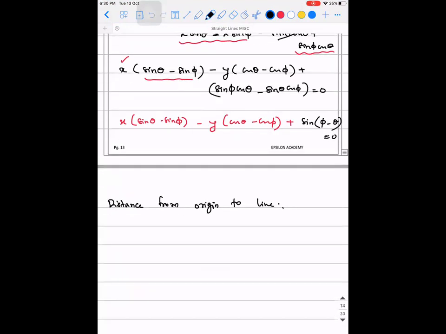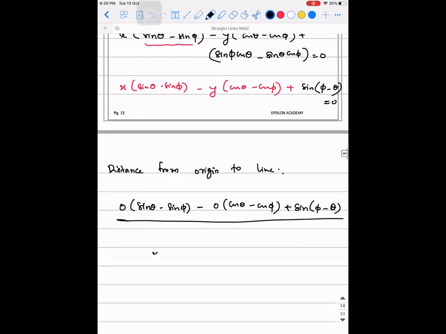Distance from origin to line. It is 0 into sin theta minus sin phi minus 0 into cos theta minus cos phi plus sin of phi minus theta, the whole divided by root of sin theta minus sin phi the whole square plus cos theta minus cos phi the whole square.